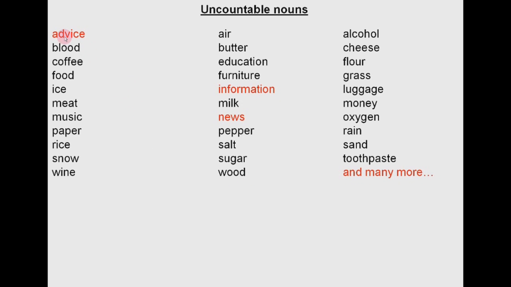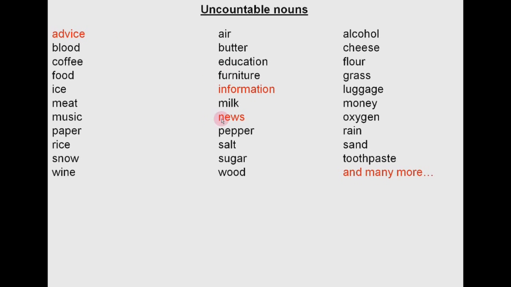I have put 3 of these in red, and that is because they often cause confusion to people. Because in English, advice, information, and news, they are all uncountable. But in other foreign languages, for example French, these words, they are countable.